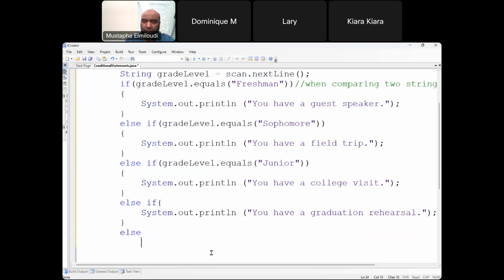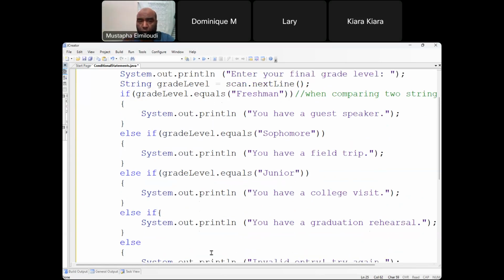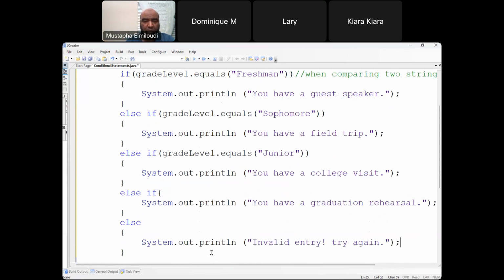So I'm gonna put here system out print line, invalid entry. Okay, try again. See? So this way, the program has an answer to everything. If you enter the right entry, freshman, sophomore, junior, senior, I forgot to put senior here, so I'm going to copy this, and senior. This is if you want to make sure your program covers everything.